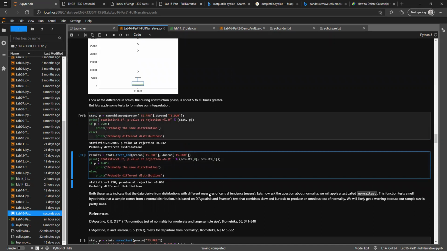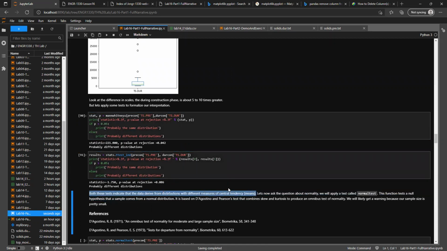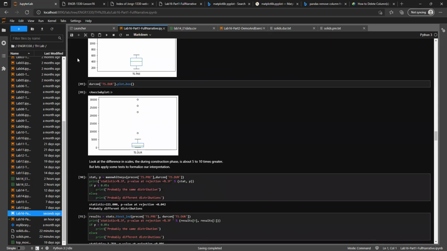Now we can talk about, so the test we just ran was talking about central tendency, meaning we're comparing where does the central tendency lie, one versus the other. And since we're saying these are probably different, then they probably aren't very close.